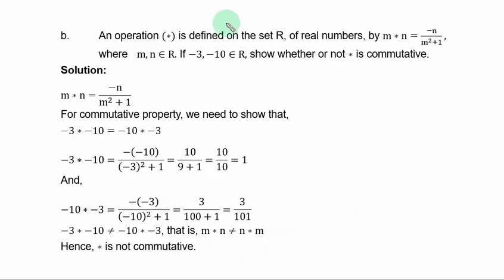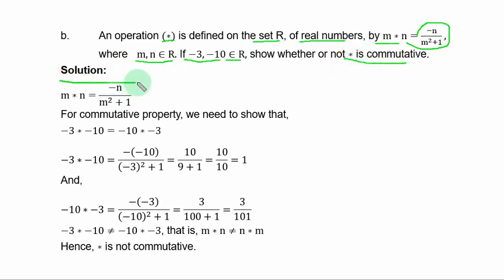Question 13b. An operation star is defined on the set R of real numbers by m star n equal to minus n over m squared plus 1, where m, n are members of R. If minus 3, minus 10 are members of R, show whether or not the operation is commutative.